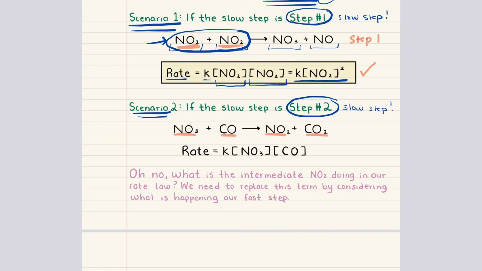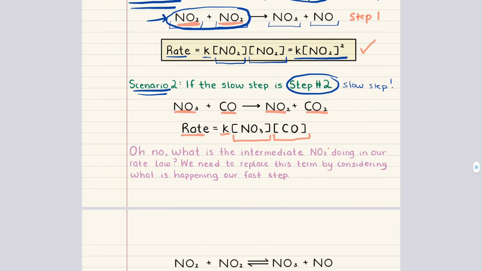Again, because this is an elementary step, the rate law would be written as k, the rate constant, multiplied by the concentration of nitrogen trioxide, multiplied by the concentration of carbon monoxide. But now we have a problem. This isn't good enough because in this rate law, we have nitrogen trioxide. Nitrogen trioxide is an intermediate, and intermediates are not allowed to appear in the final rate law.